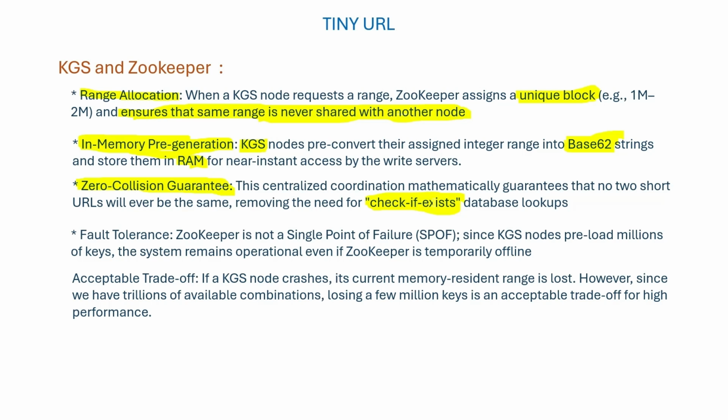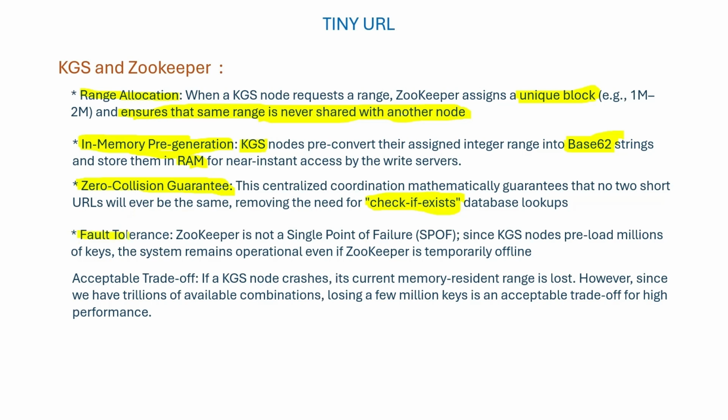So since there is no regeneration of the same base 62 string, we don't need to check if any base 62 string exists in our DB before inserting the data. This is one benefit we get from having a separate KGS and ZooKeeper.